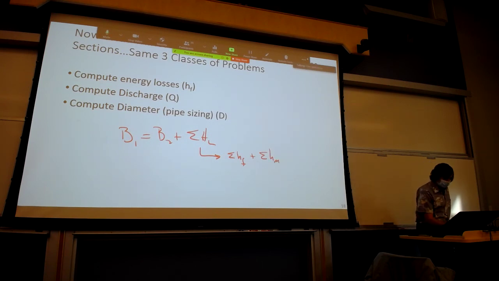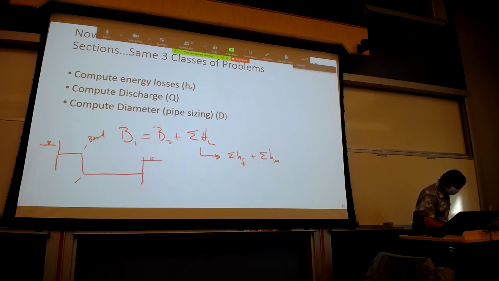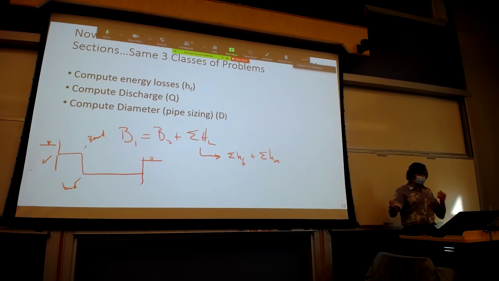So for example, you can have a pipe going from one reservoir to another reservoir. And you can see there's a bend here, and there's a bend here. There's an entrance. The pipe flows from left to right. You know which way water is flowing in this case because of the difference in the reservoir water elevation.